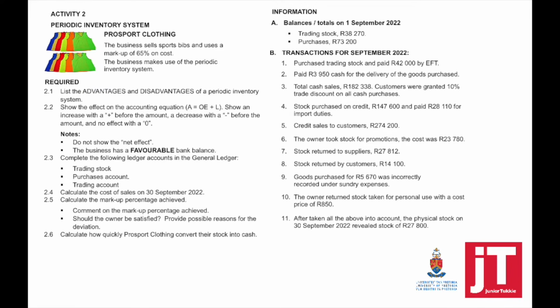Should the owner be satisfied, provide possible reasons for the deviation. And 2.6, calculate how quickly Pro Sport Clothing convert their stock into cash. And then they provided you with information with the opening balances and totals and transactions for September 2022.